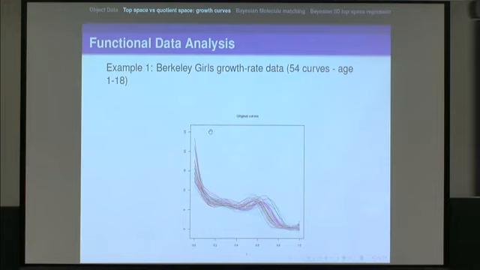So here's an example. That's a good way to proceed. This example is a very famous data set in functional data analysis, which describes the growth rates in a study from Berkeley. We're looking at the girls and the boys. This is the girls data set, and the time has been rescaled, but it was from age 1 up to 18, actually. That was the actual scale, but I've just scaled it to 0 to 1 here.